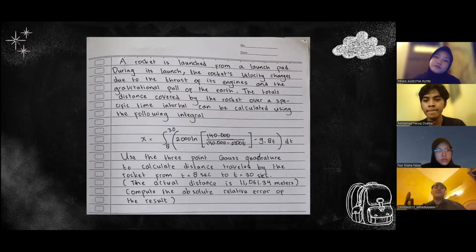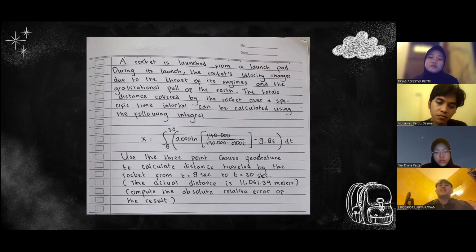We have a time interval between 8 seconds until 30 seconds, and the actual value is 11,061.34. And then the function is the integral from 8 until 13 of 2000 ln and so on. We can see it in the question.